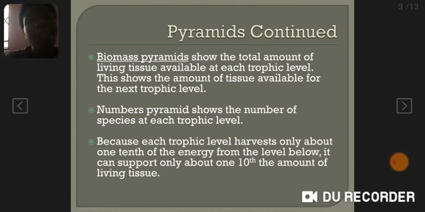Okay, so now we are looking at these pyramids at each trophic level. I'm going to talk about these ecological pyramids. We're taking a look at each trophic level in a given unit area of the ecosystem or habitat. A pyramid of numbers will show you the total number of producers, for example, which is trophic level 1, in a unit area of that ecosystem or habitat that you are looking at.